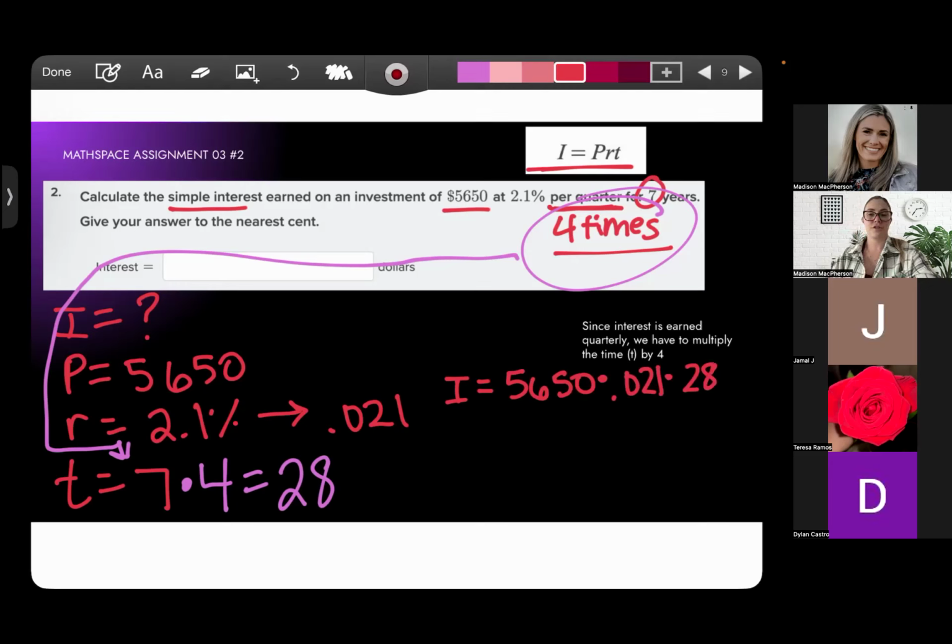Go ahead and plug that into your calculator and let me know what you get in the chat. I'm getting a number that's in the 3000s range.